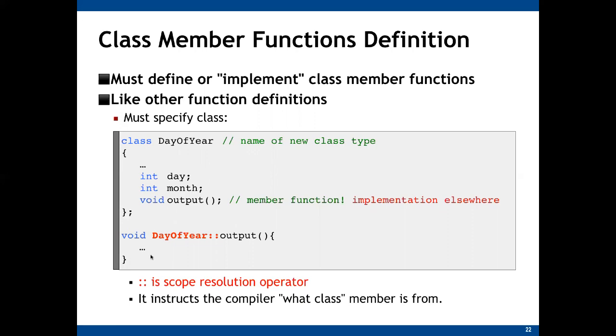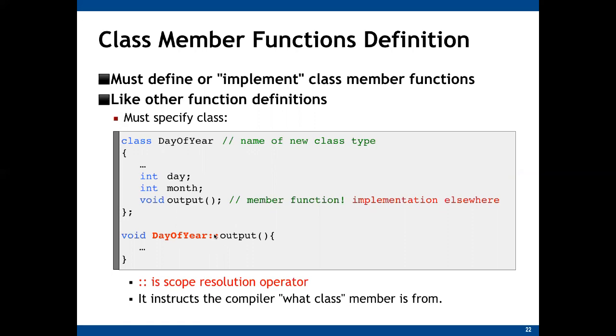And when you're defining member functions, you must specify the class name using the scope resolution operator like this. Because the output function is from this day of year class, we put the day of year class name here using a scope resolution operator.